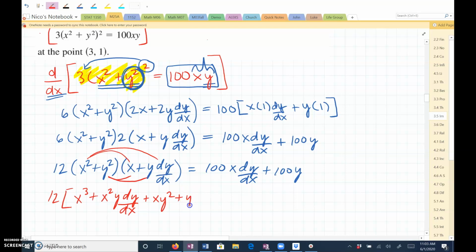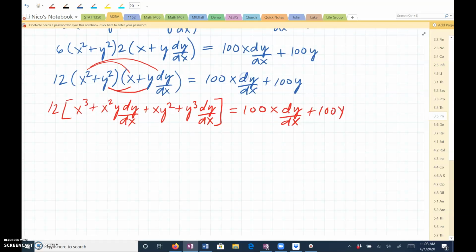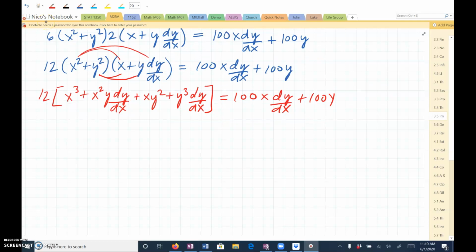Multiply here, which would be y cubed dy/dx. Then, okay, now I need to distribute, multiply the 12 all the way through here.